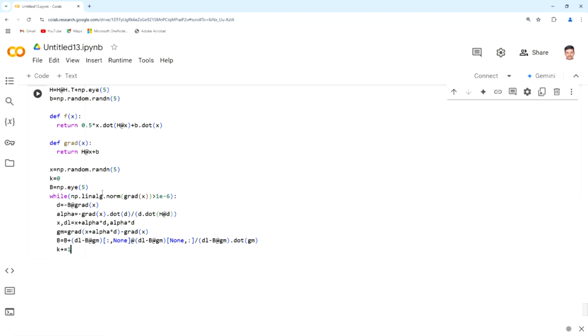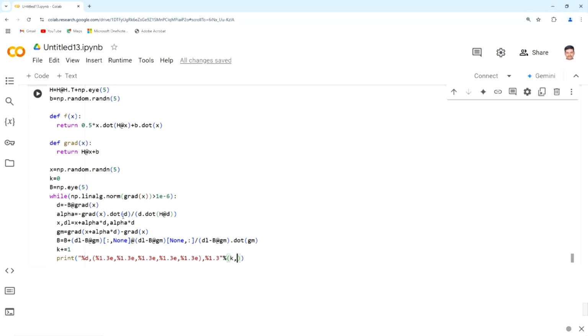I should write print statements. So, percentage d and 1.3, 1.3. So, I have to write it 5 times. And for norm grad of x, that is one more.